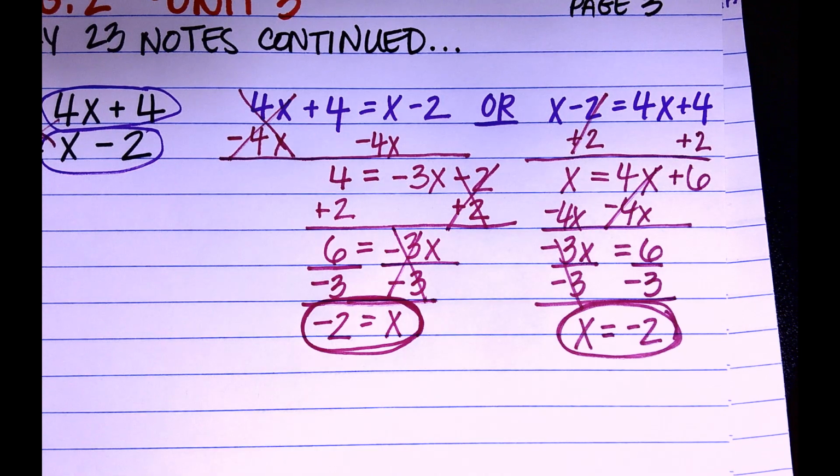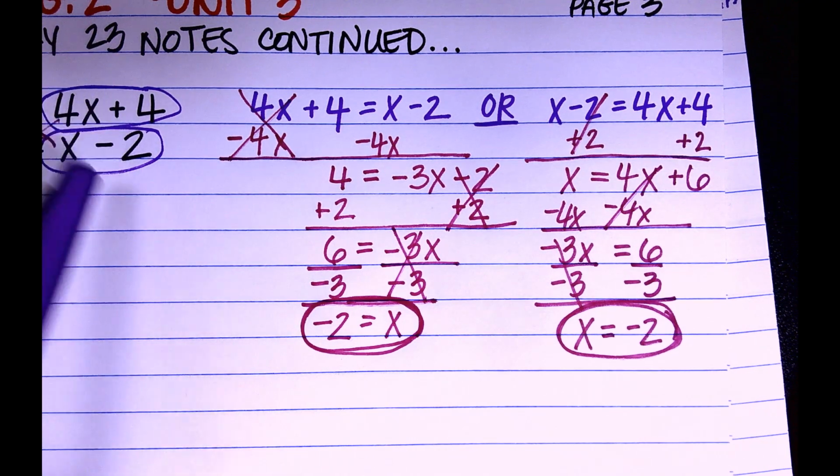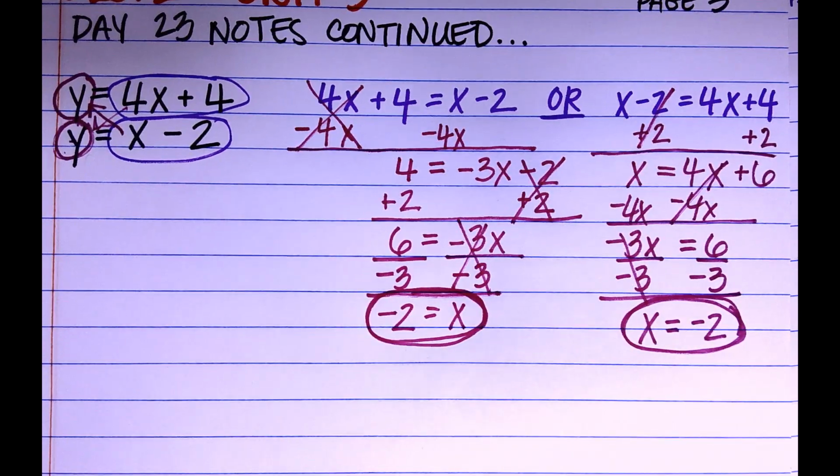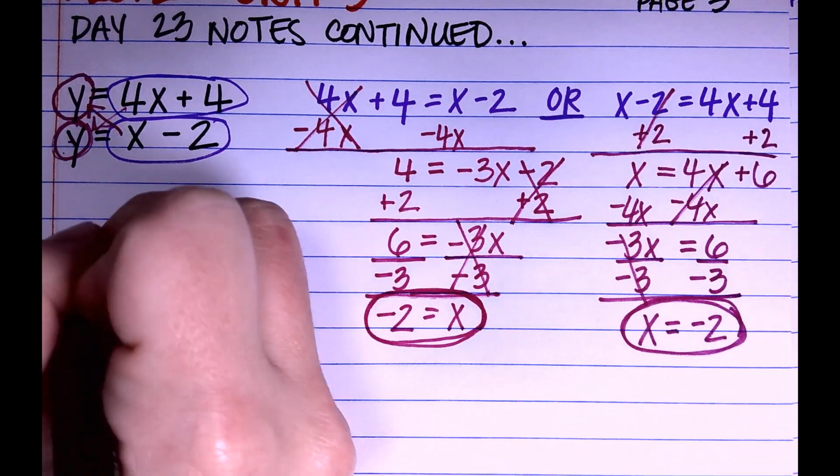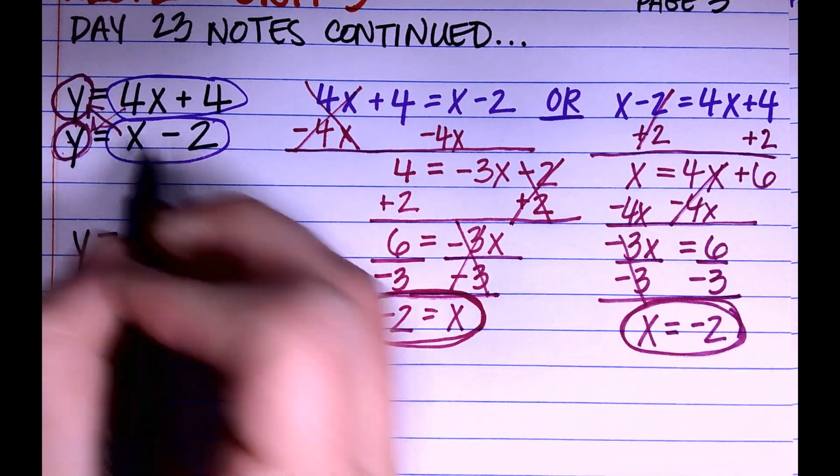How will I solve for y? Plug in the negative 2. Which equation should we use, the top or the bottom? Let's do the bottom. There's less steps in the bottom equation. So I'm going to write y equals x minus 2.